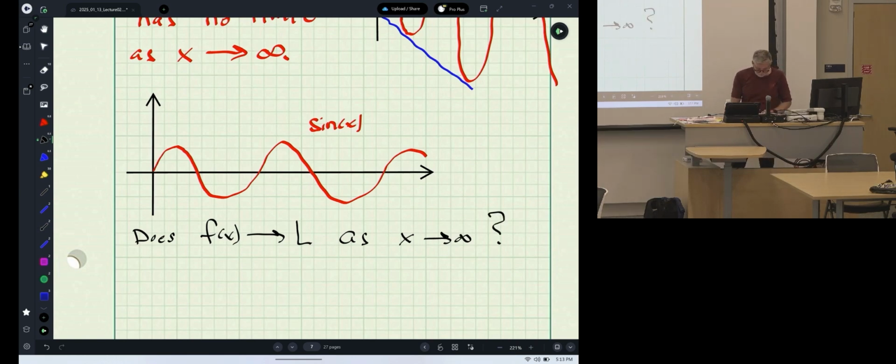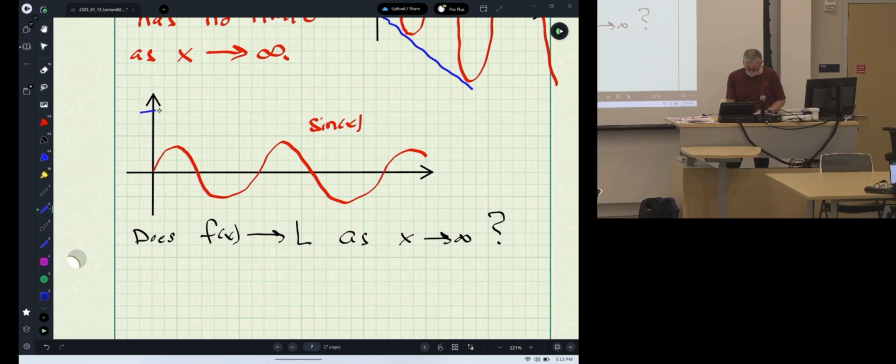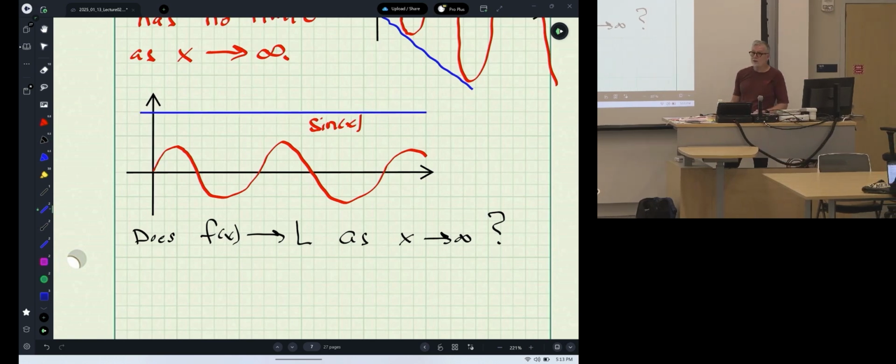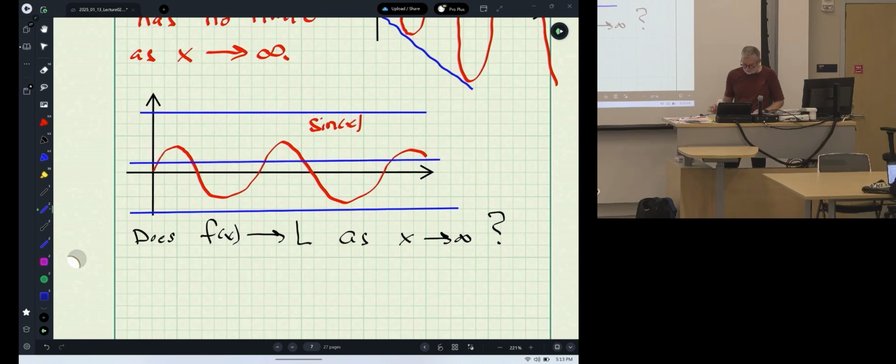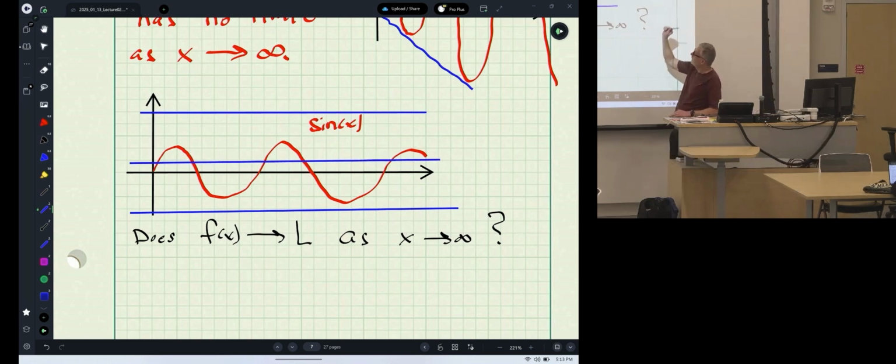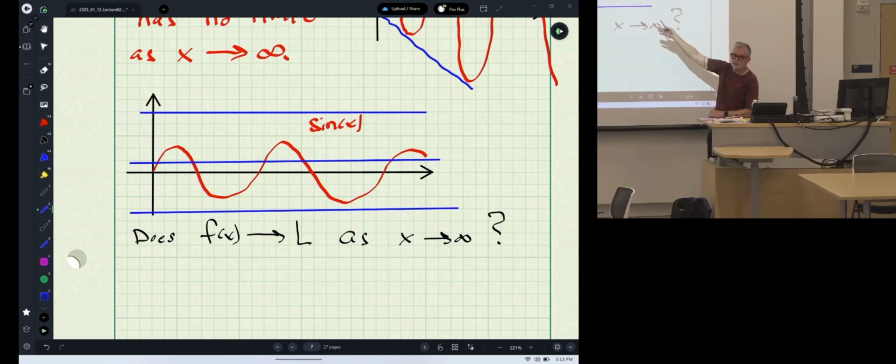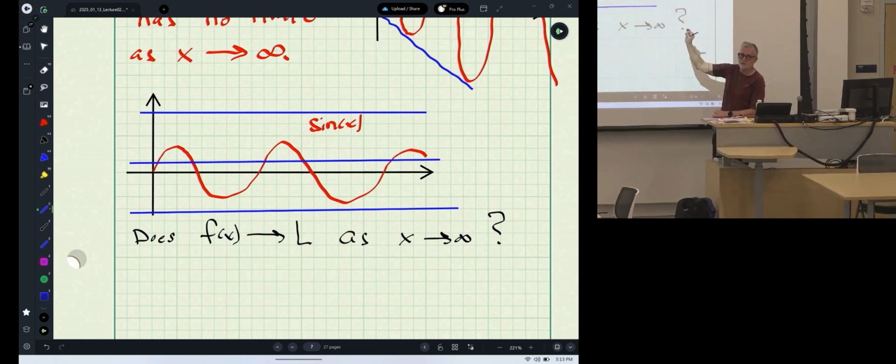And the answer is, well, the value can't be bigger than 1, because it never reaches it, and it can't be less than -1, but even if I draw a value, say in here, it doesn't get close to it and stay close to it. That's the key idea. Okay, so limits, you need to get close to it and stay close to it as x gets large.